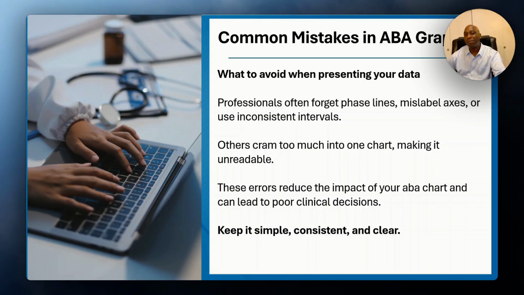Even worse, we have seen situations where there are no phase change lines at all. The issue is a lot of these little mistakes add up. Clean data ABA graphs build trust. Messy ones that are confusing often raise questions about your capability and your professionalism.